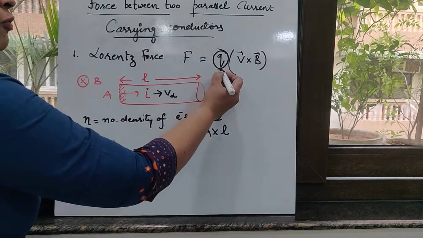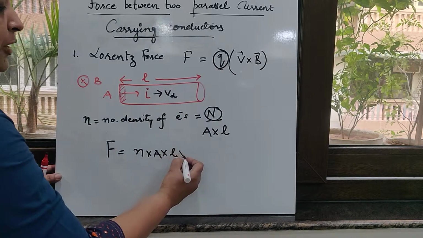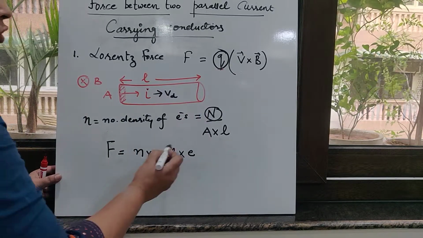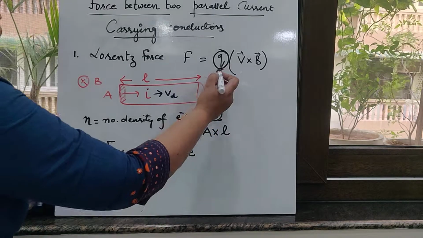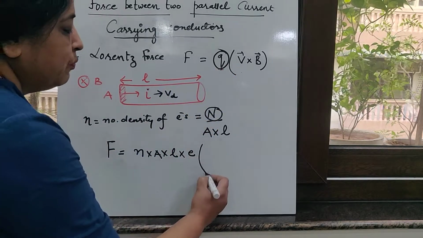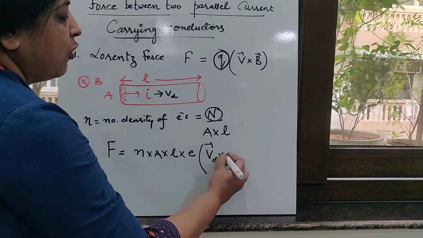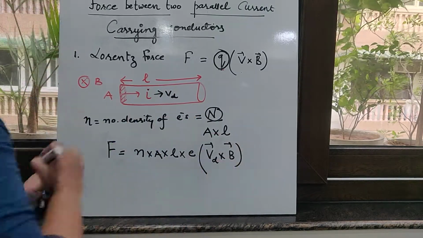Now because we want to find out how much is Q, this has to be multiplied by e, that is the charge on each electron. So now this whole is giving us the value of Q. Bracket, they are moving with a velocity Vd, so I will write Vd cross magnetic field B.